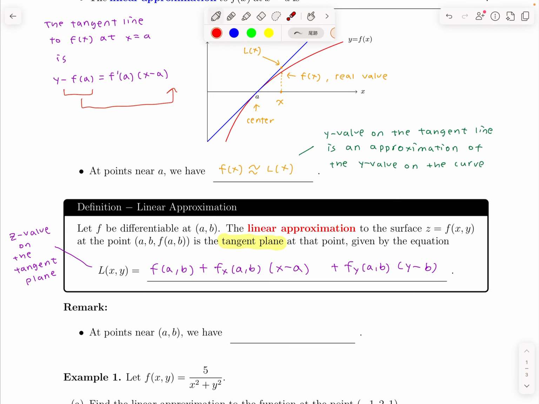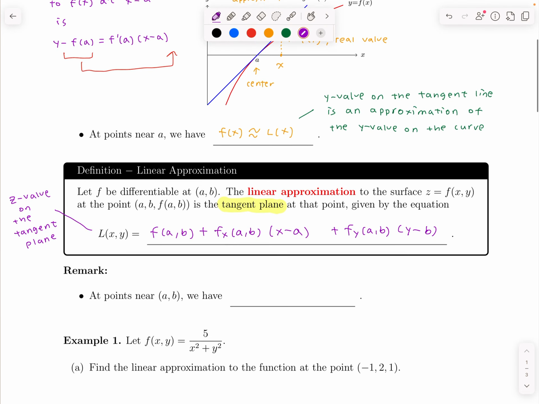So right here, at the points near the center a comma b, we will have f of x comma y approximately equal L of x comma y. So let's write down the similar description right here.